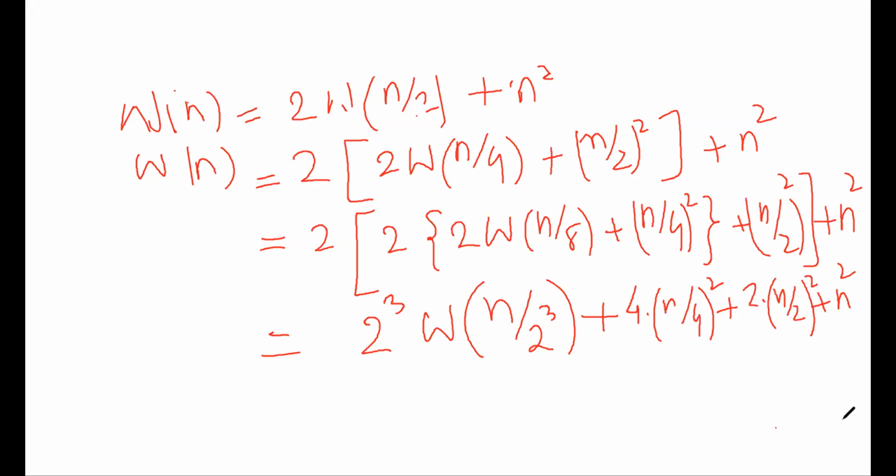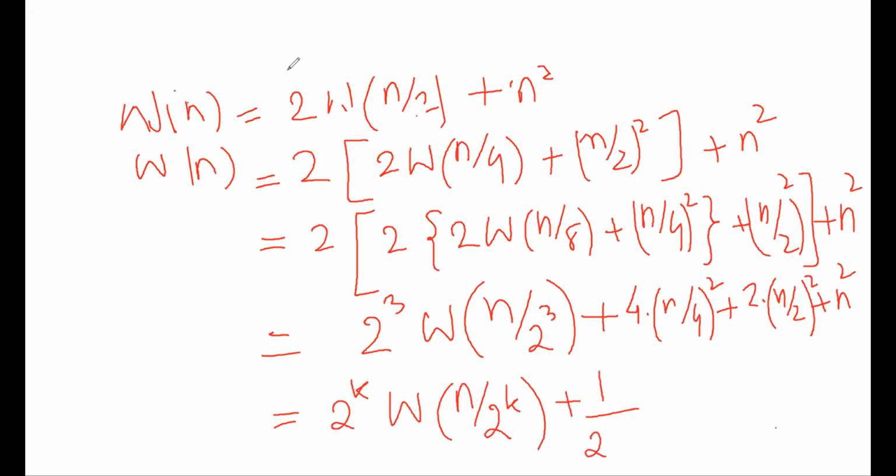If we are solving this problem using iteration, first we'll write the generalized equation, which will be 2^k W n by 2^k. 3 is your k now. So this is 1 by 2^(k minus 1) n square by 4.